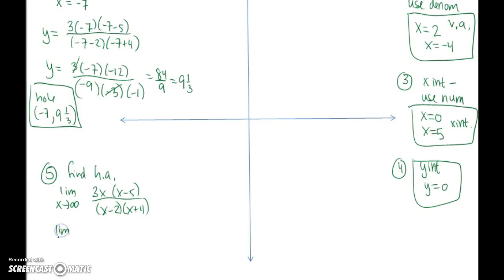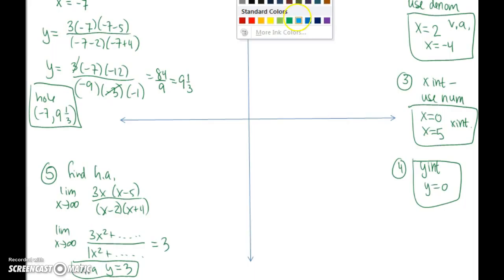Well, if we expand this expression, we get 3x squared plus some trivial stuff on top, and x squared plus some trivial stuff on the bottom. These are both growing at the same rate of x squared. If they're growing at the same rate, our limit is the ratio of the leading coefficients. Our leading coefficients are 3 and 1. So this limit is 3, which means our horizontal asymptote has the equation y equals 3.